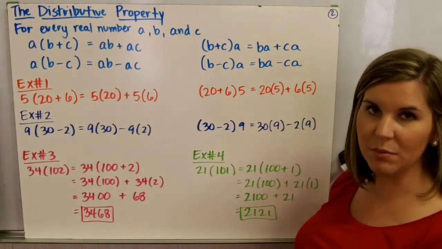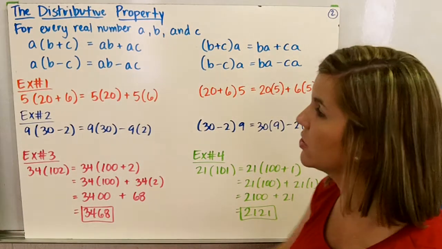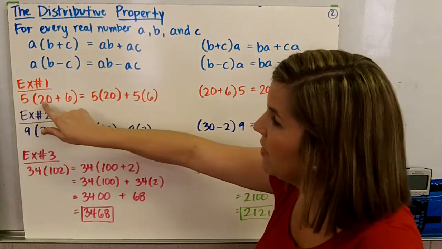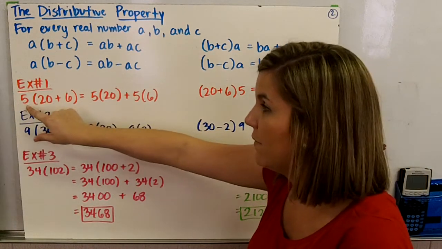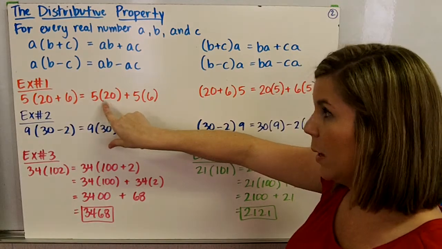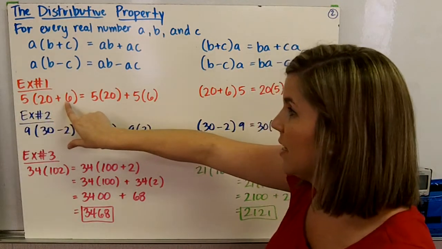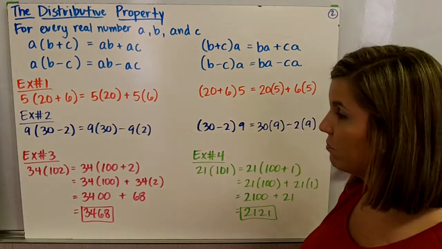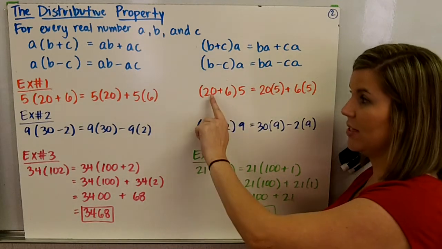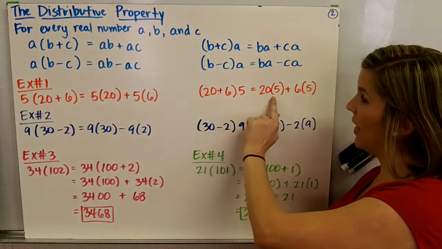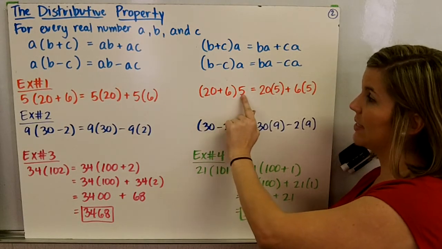Now let's plug in some numbers since a, b, and c do represent numbers. Example 1, 5 times the quantity 20 plus 6. So this will be 5 times 20 plus 5 times 6. Or if 5 was written after the parentheses, you'd say 20 times 5 plus 6 times 5.